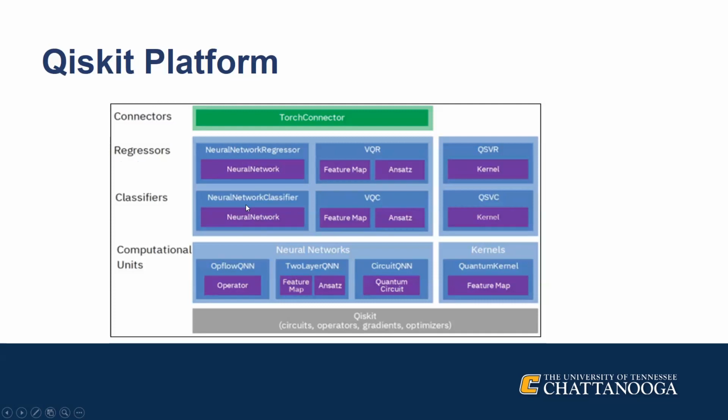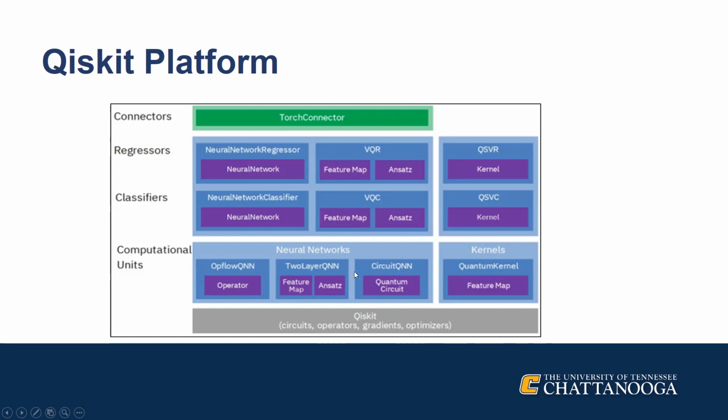So now we will look at the Qiskit platform, since we're going to use Qiskit for implementing our machine learning example. The building block for Qiskit here is a collection of computational units that include different groups of quantum neural networks and quantum kernels.